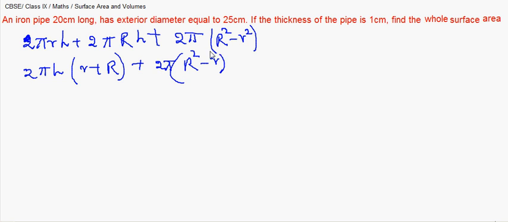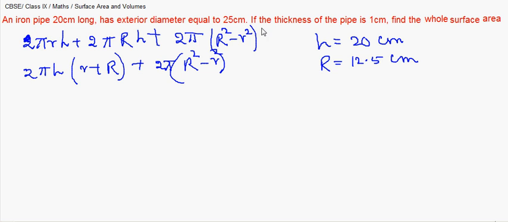Let's see what's the information given. An iron pipe, the height is given to be 20 centimeter. External diameter equals 25, so the radius becomes 25 by 2, that's 12.5, so capital R is 12.5 centimeters.